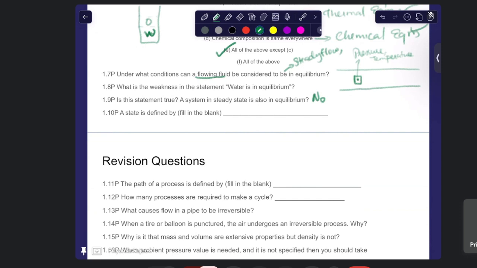For example, a constant velocity fluid going in a pipe will have frictional losses, there will be pressure drop, and heat flowing through those things. So you cannot say that it is in equilibrium. Steady state doesn't ensure equilibrium.